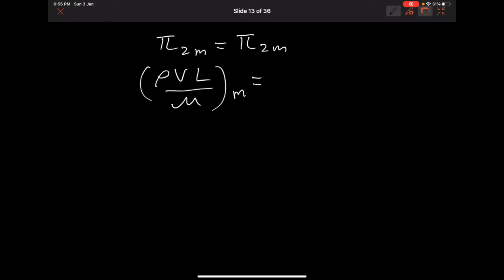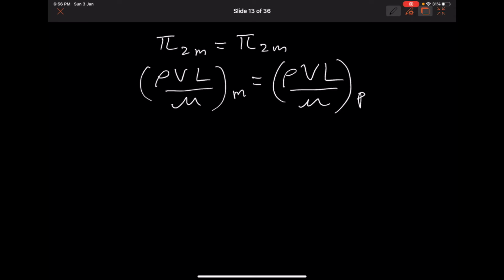Model rho V L per mu equals prototype rho V L per mu. So we only need to adjust the density, dynamic viscosity, or the velocity and the length of the model so that the Reynolds number would match between the model and prototype.